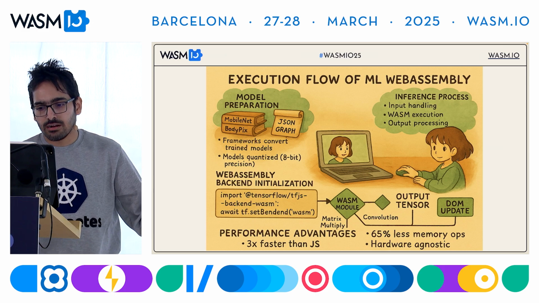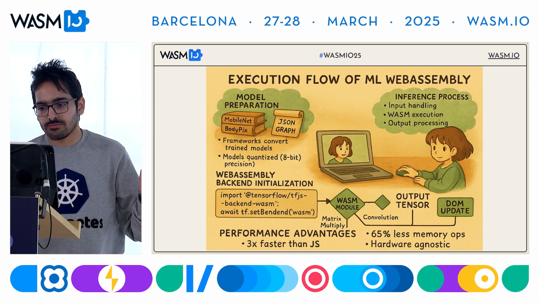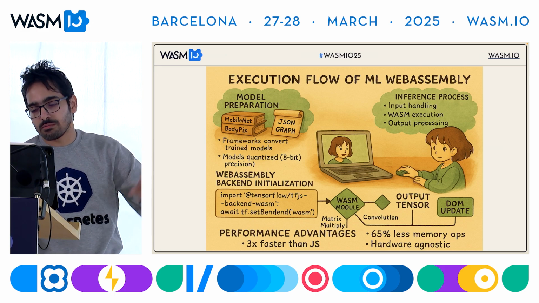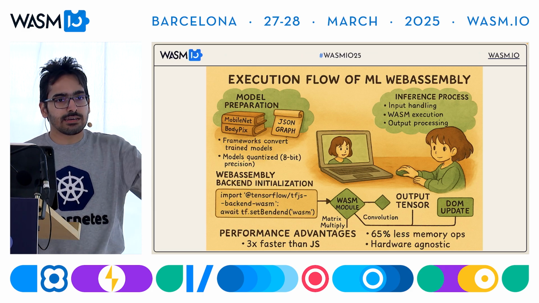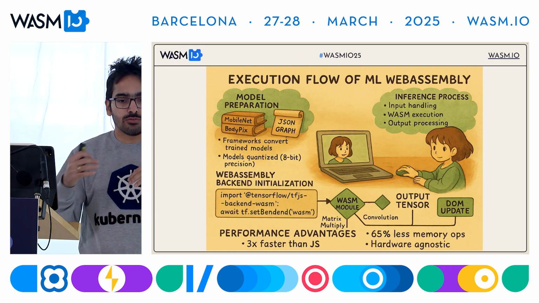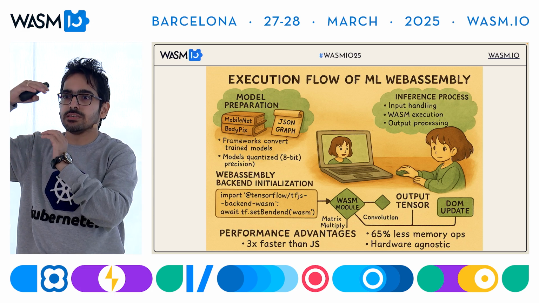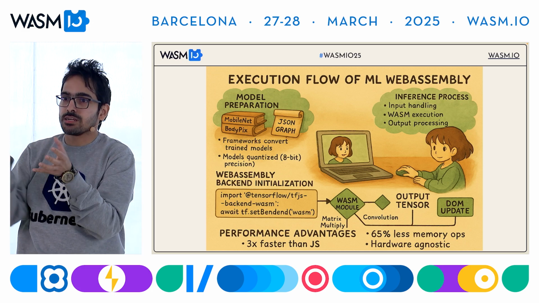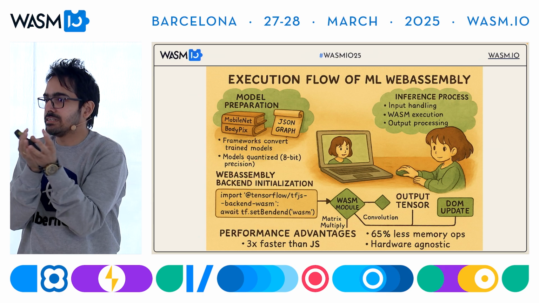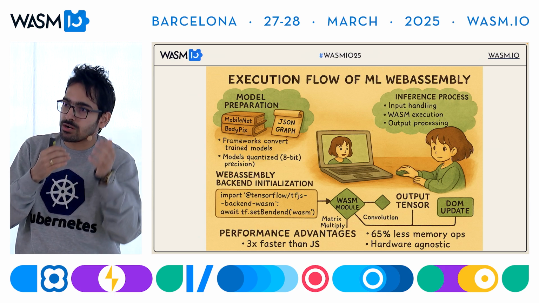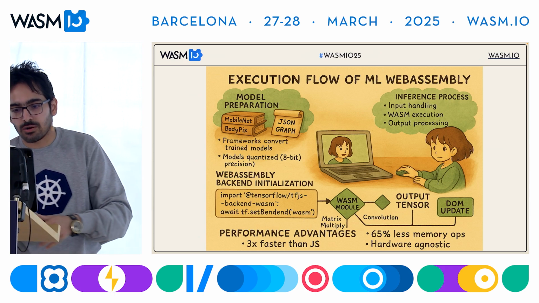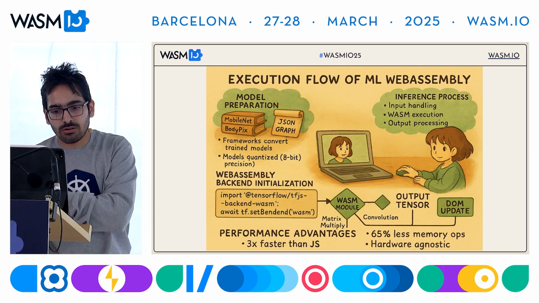These frameworks convert trained models to a browser-compatible format, and then they are quantized. Because you have these billion-parameter, 120 GB, 150 GB models, you cannot run those in the browser. So you need to quantize them so that you are able to run them in the browsers. That's how the models are quantized.